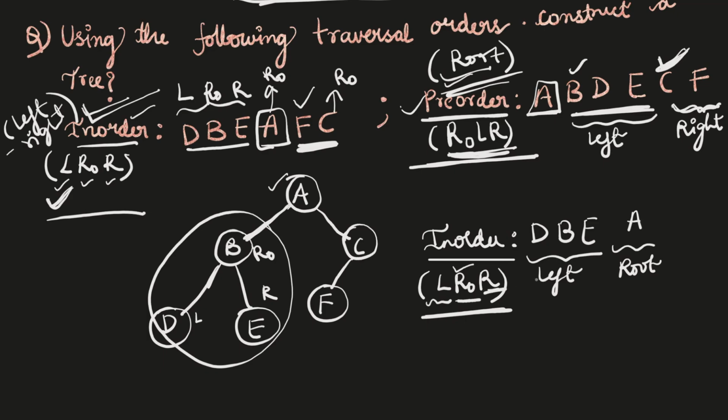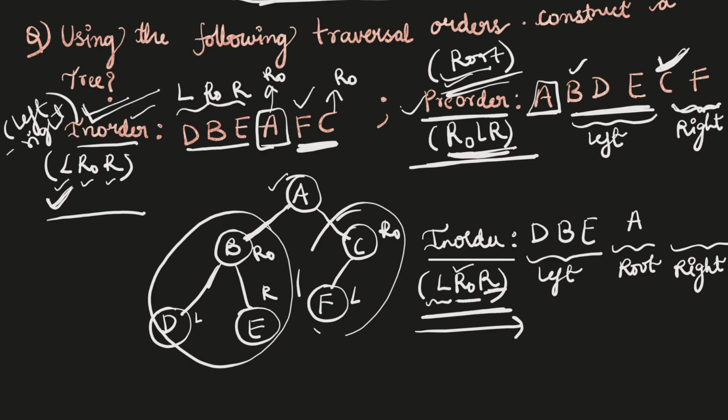Now we are left over with right part. Since we are having more than one element in the right, we'll have to follow the same order again, left, root and right. Here we are having left, root, but there is no right. So you don't have to write any right element. So left is F and root is C. There is no right element.